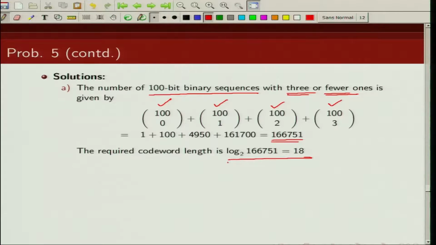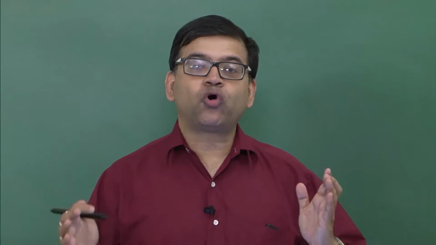Then the required code word length in this case is going to be log to base 2 of the number of such code words, which is 18. So we can represent all sequences of length 100 coming out of this discrete memoryless source using a code word of length 18, assuming we are assigning code words to all sequences which have 3 or fewer ones and all code words are of the same length.